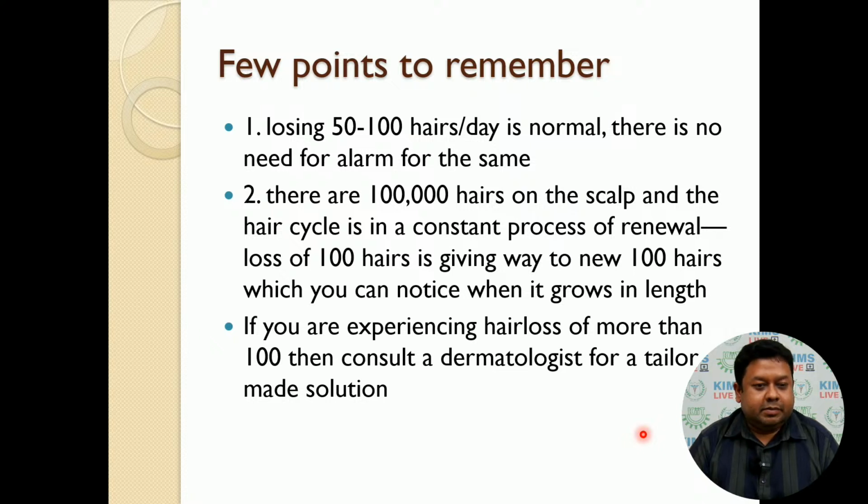Suppose 50 to 100 hair per day is falling, then 100 per day hair is also growing. Half of the hair is under the skin and half above the skin, so when the ones below grow out, it will be noticed outside. So there is no need to be alarmed, you won't lose all your hair. And if it is more than 100, then you come to consult a dermatologist for a tailor-made solution.